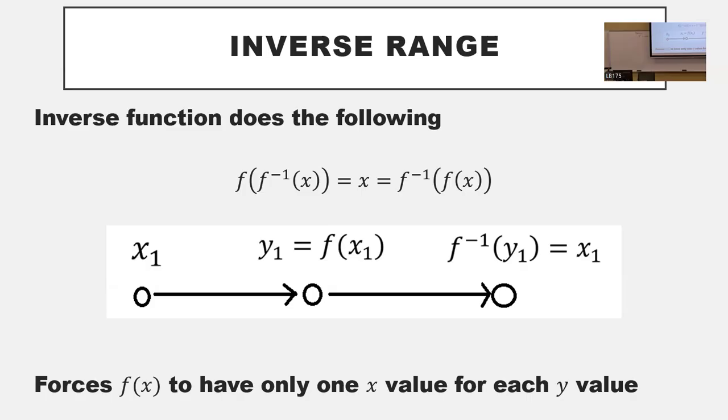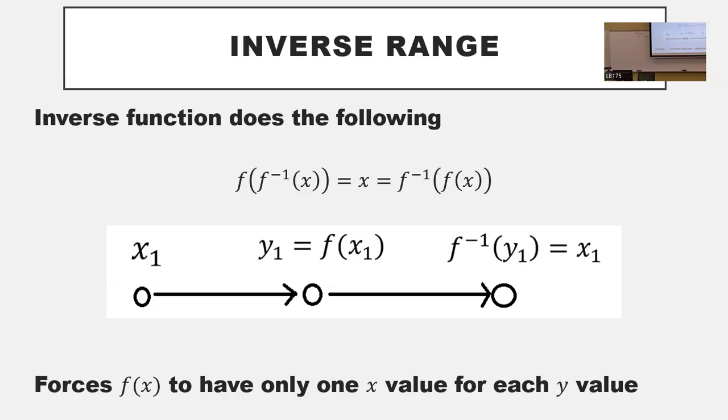Now, what's that mean? Well, this means that if I have 2 different x values that are sent to y1, then the inverse function would not be a function, wouldn't be well-defined. We follow that?